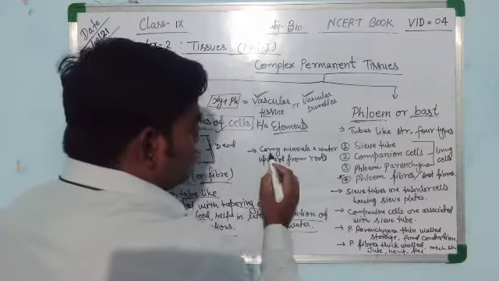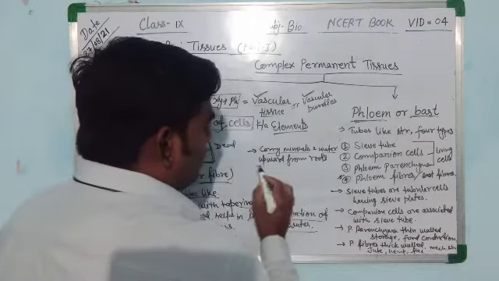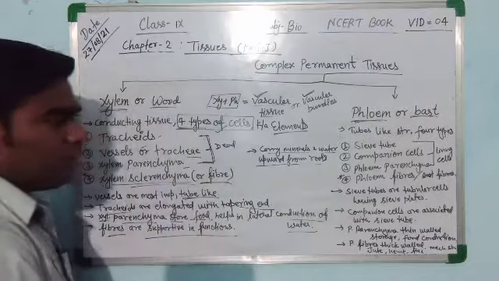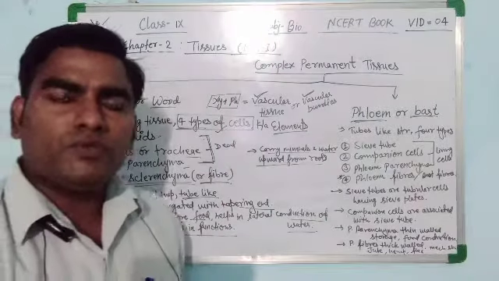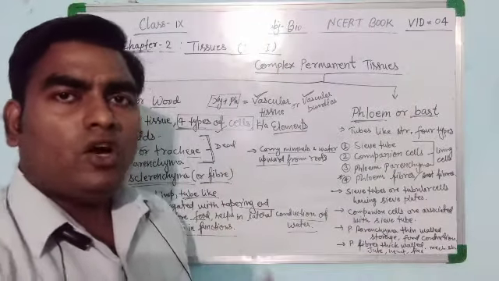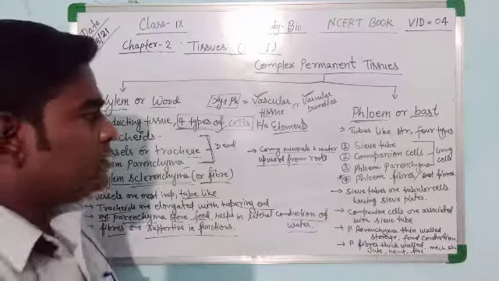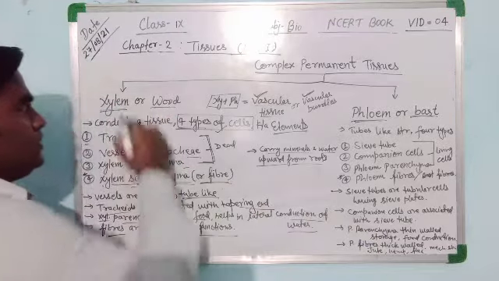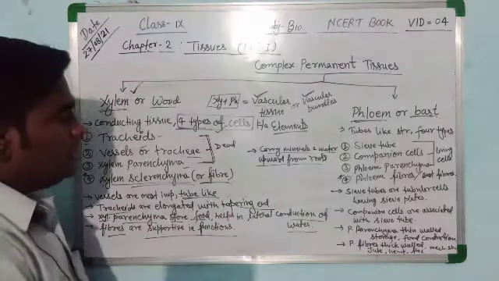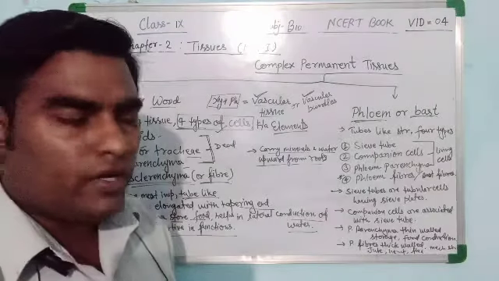Actually, xylem tissue carries minerals and water upward from the roots. They provide water to the aerial parts or leaves of the plant for photosynthesis. So xylem is important for carrying water.